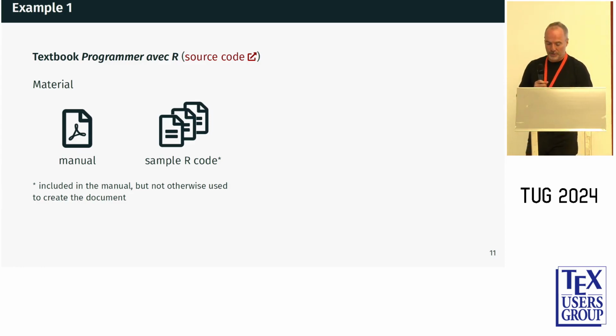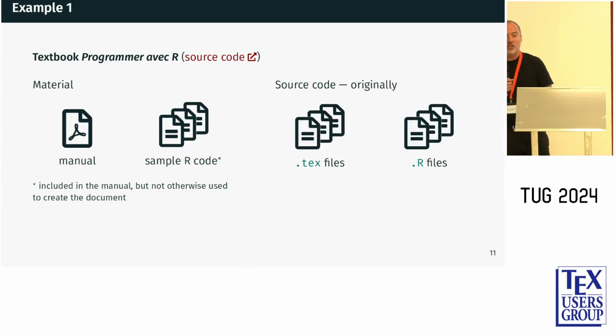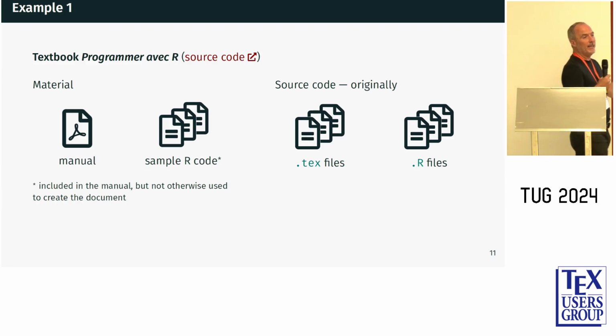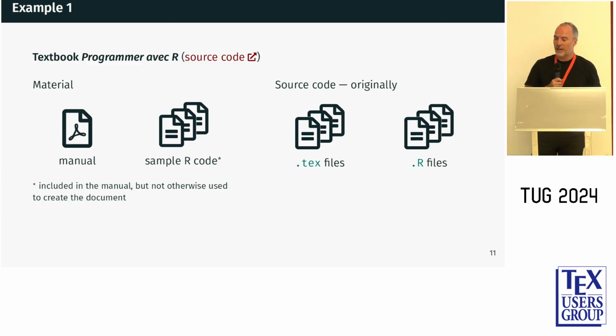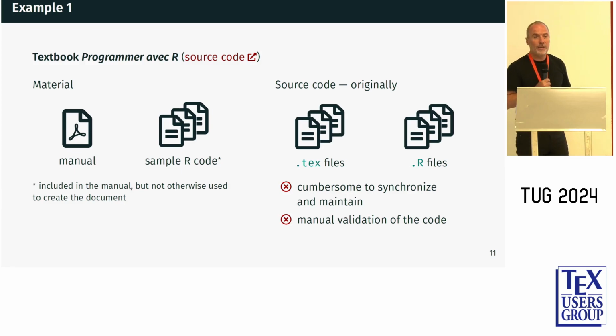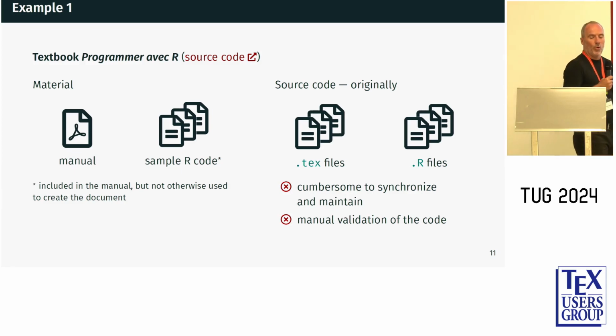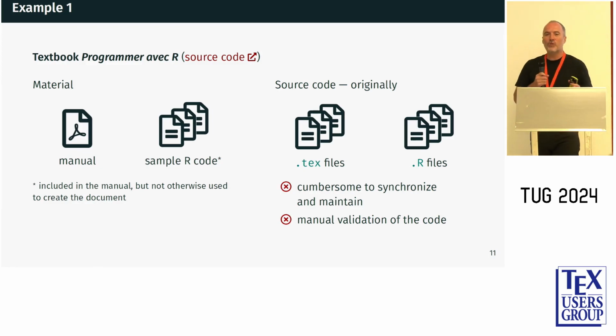It's just sample code. So originally, what I would do is to maintain all the files separately. So I would have the text files that would contain the text of the manual, and I would have the sample code separately in .r files. It worked perfectly well, but it proved a little bit cumbersome to synchronize the two documents.